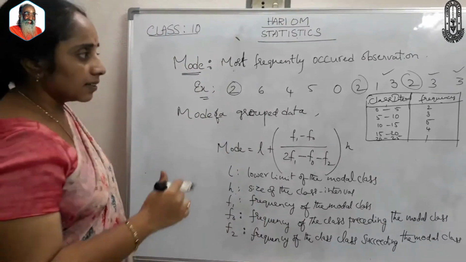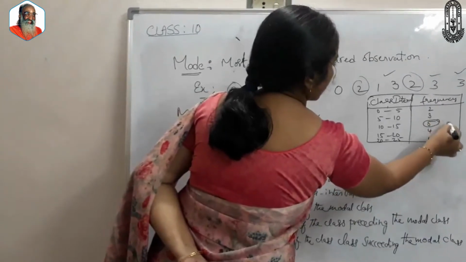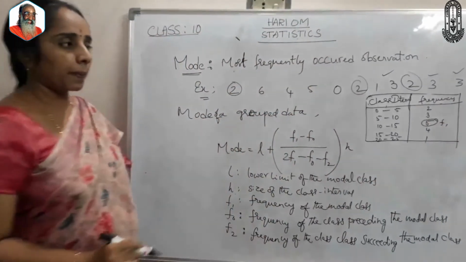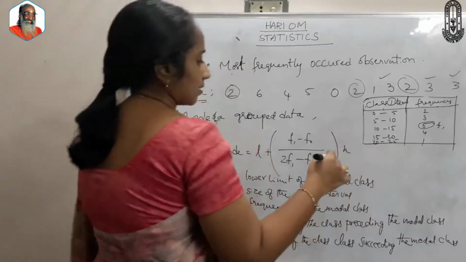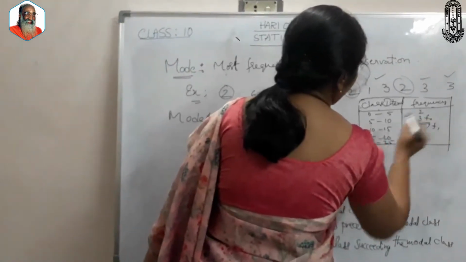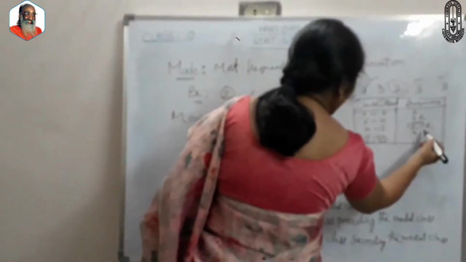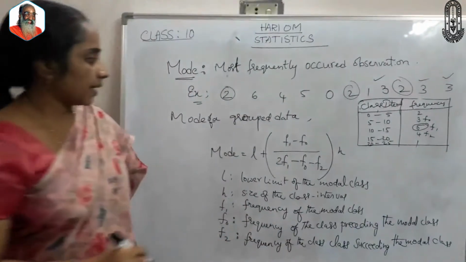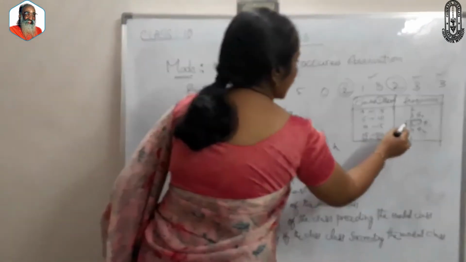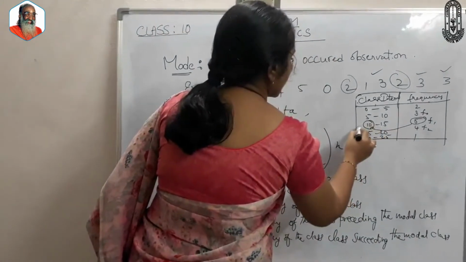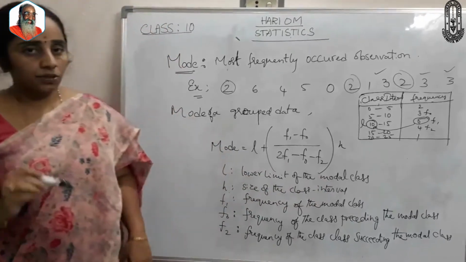Here the modal class of this data has frequency F1, its preceding class frequency is F0, and its succeeding class frequency is F2. Next, L is the lower limit of the modal class, and H is the class interval, as you know.